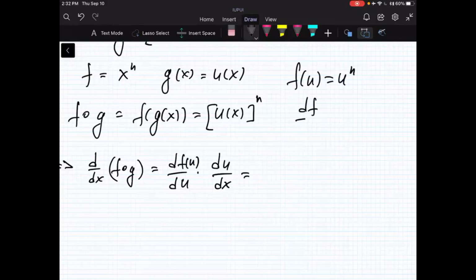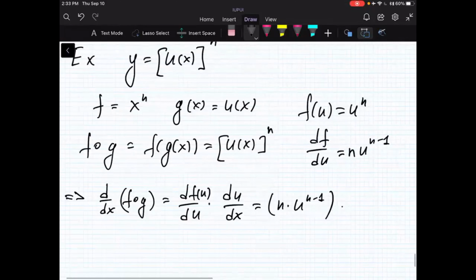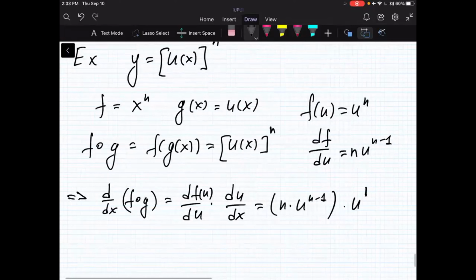And then df over du will be, just the usual power rule, u to the power n minus 1. So I get here n times u to the n minus 1 times the derivative of u. And this is our generalized power rule.